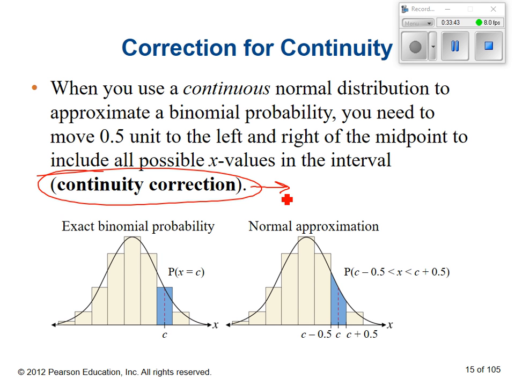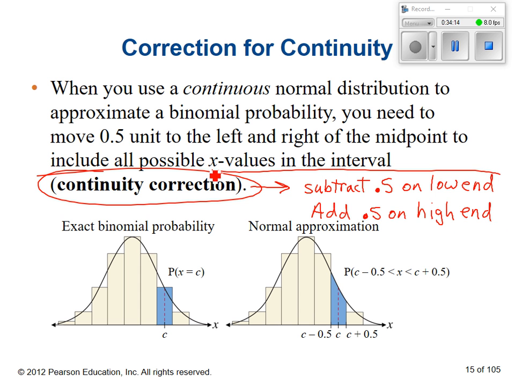To do that, you're either going to subtract 0.5 on the low end or add 0.5 on the high end.